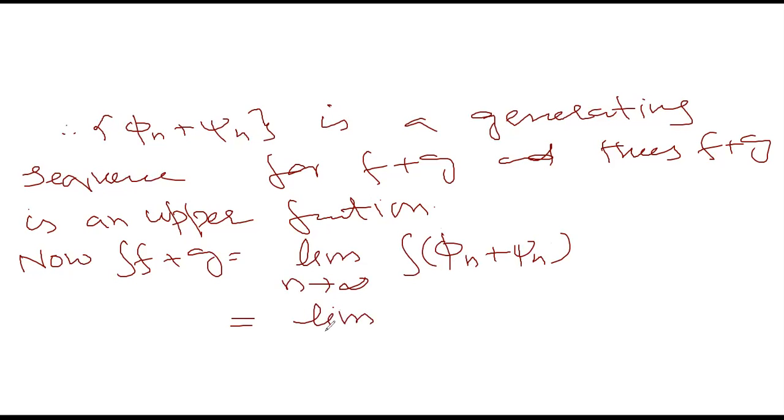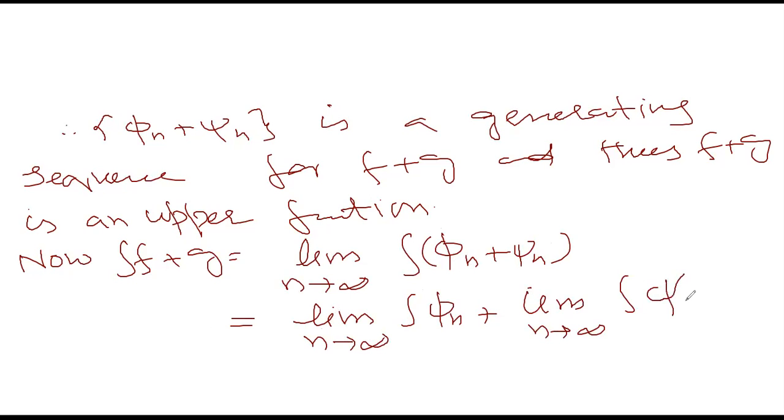This is equal to the limit of the integral of phi n plus the limit as n approaches infinity of the integral of psi n. But this one is equal to the integral of f, because this is the generating sequence for f, and this one is the integral of g. So this proves the first property of upper functions.